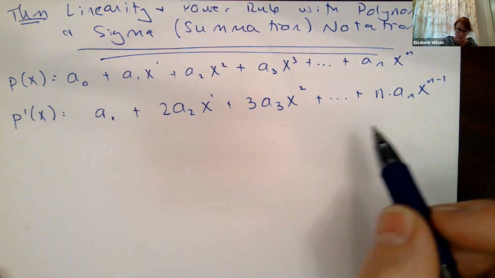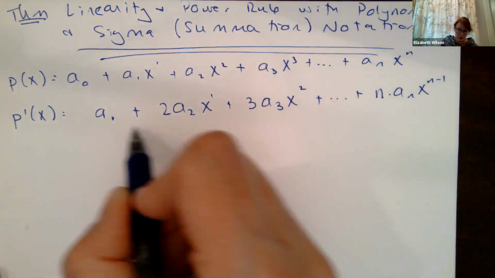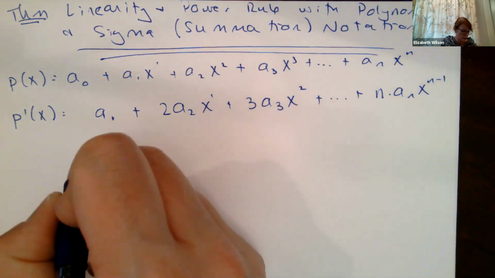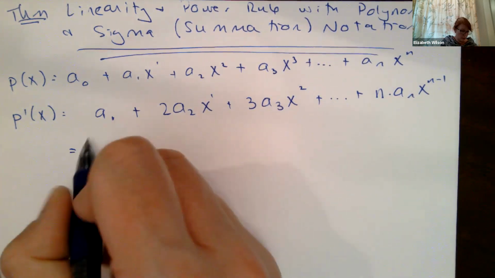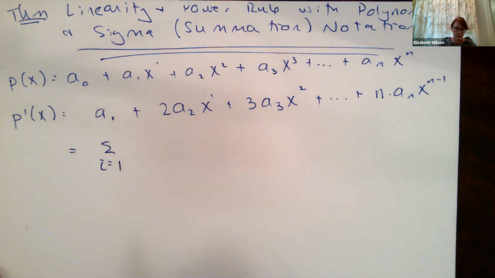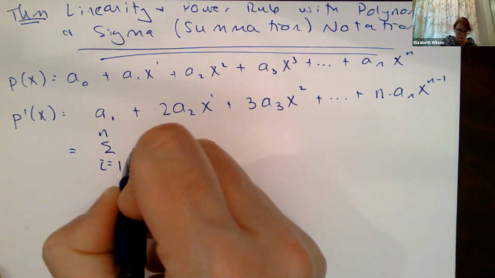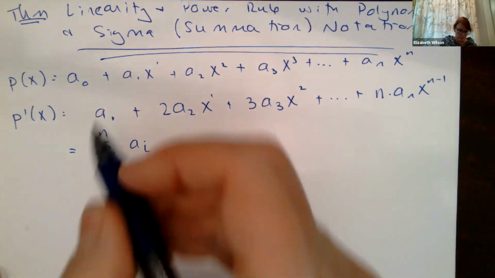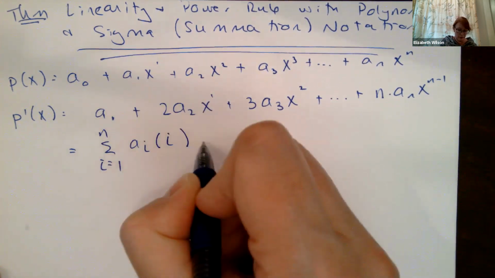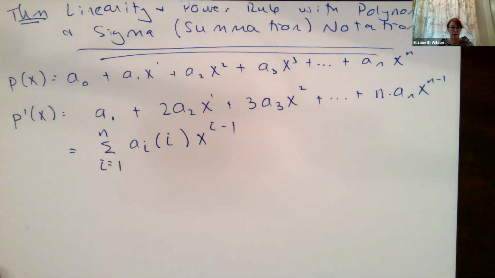So now let's think about this whole thing, my derivative, in sigma notation. Writing that in terms of sigma, I start off with i equals 1 to n of a sub i times i x to the i minus 1. And that gives me a formula for the derivative of my polynomial.